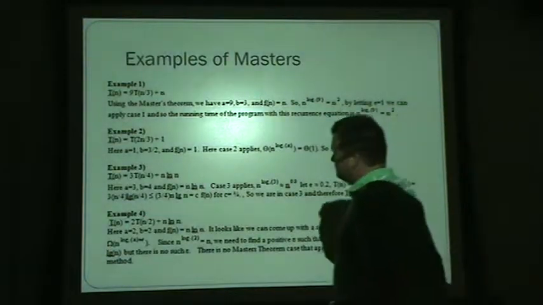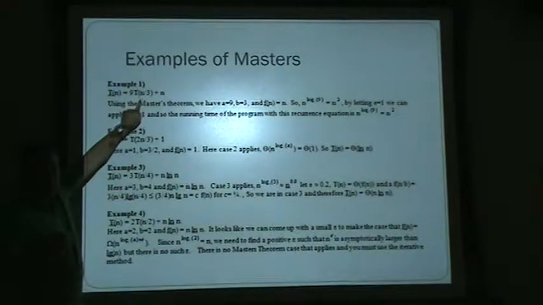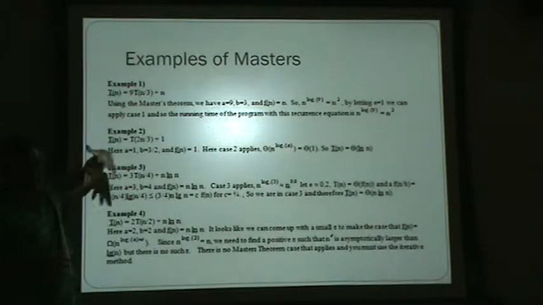So for example, suppose we had an algorithm where the running time is equal to 9 times the running time if you gave the algorithm 1/3 of the data, plus n steps.